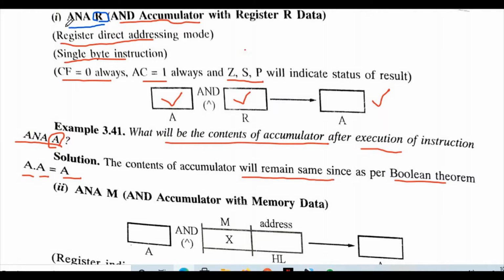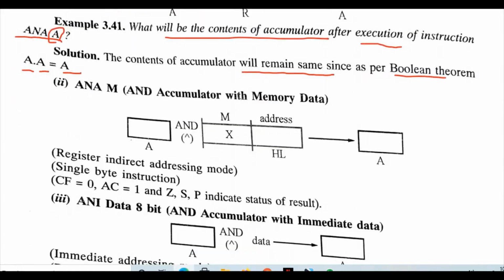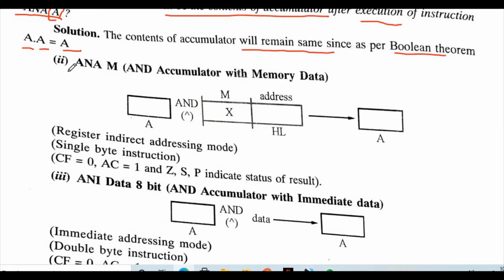Second instruction is ANA M. ANA M is used for the ANDing operation with the memory data, meaning ANDing between the accumulator content and memory.